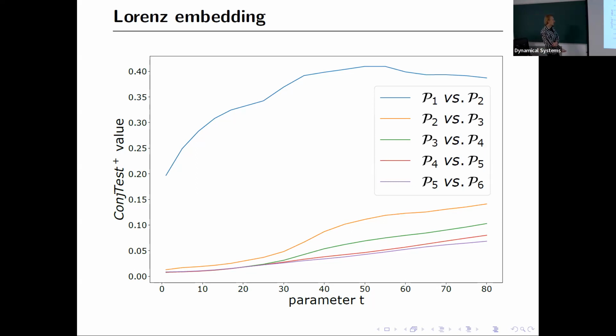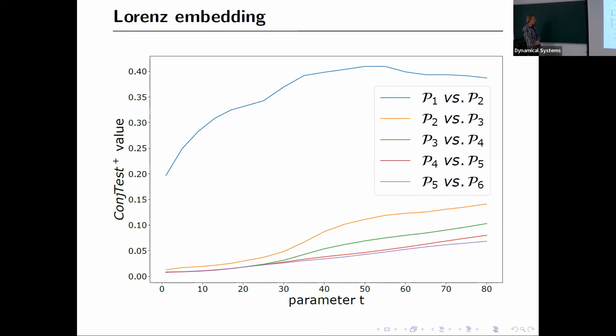Of course, here we see the divergence with t. T is our parameter, because we still compare very, very long time series, I don't know, 20,000 or something like that. But t is a parameter. Like here, this is a chaotic system, so if you take t large enough, it will diverge a bit.